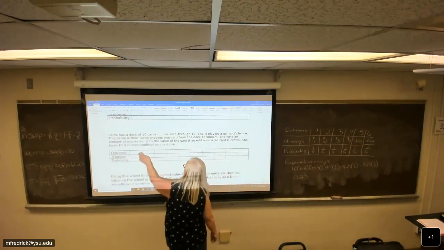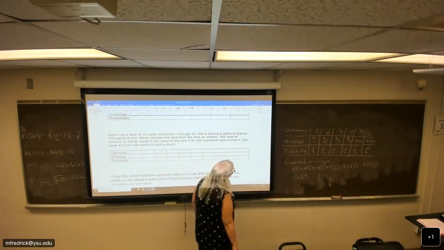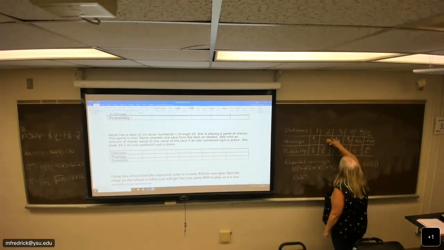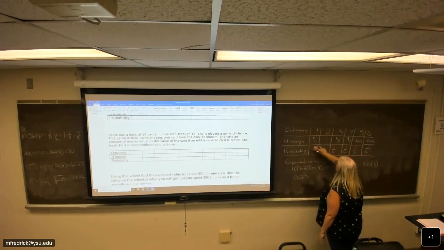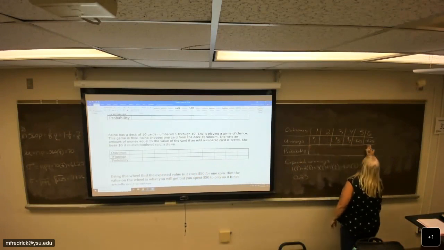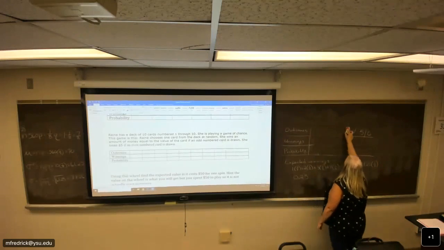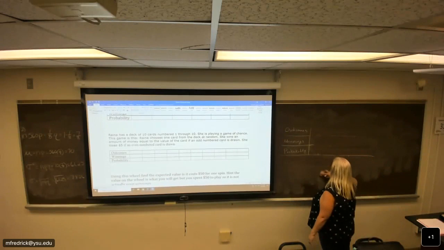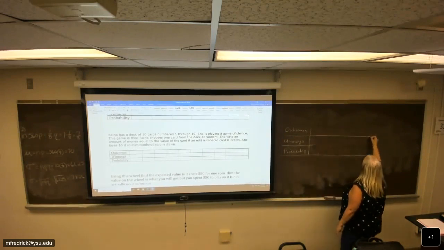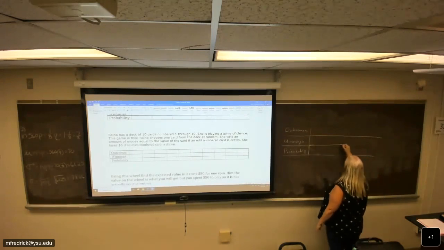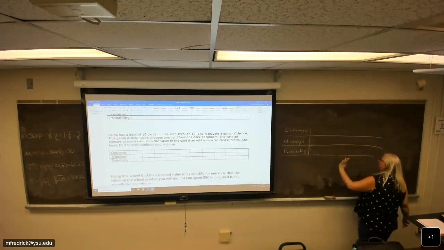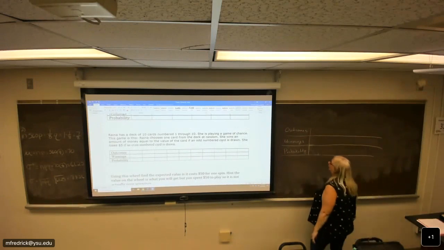So you do need to put them separately. So write your outcomes, your winnings, your probabilities, and find the expected value.